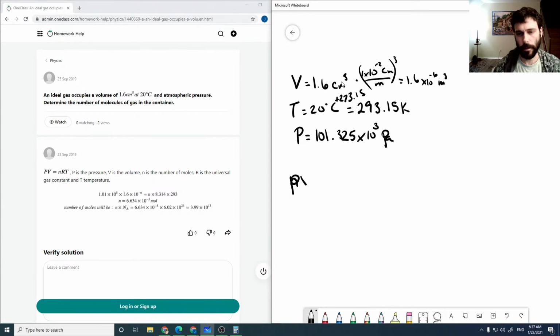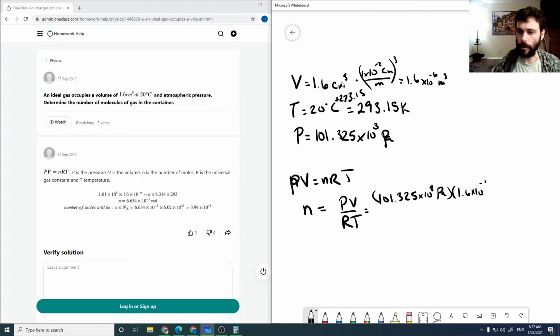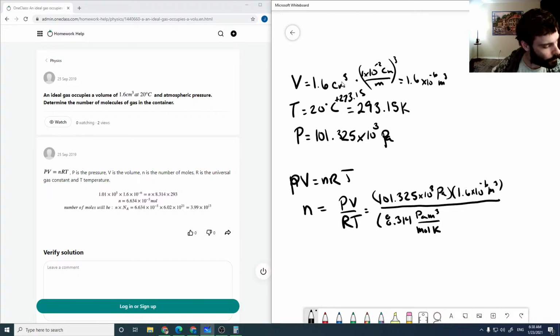So PV equals nRT. Rearranging this, we get n is PV over RT, which is 101.325 times 10 to the 3 pascals times our volume, 1.6 times 10 to the minus 6 meters cubed, over our gas constant, which for this I'm using 8.314, in pascals meters cubed per mole Kelvin, and the temperature is 293.15 Kelvin.